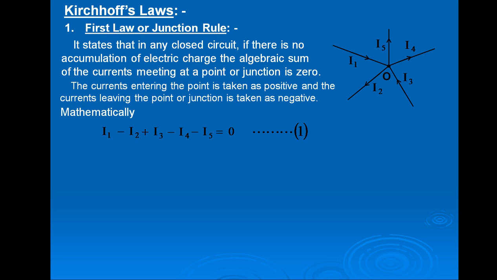Put this as equation number 1, or taking the negative terms to the right hand side, we get I1 plus I3 is equal to I2 plus I4 plus I5.